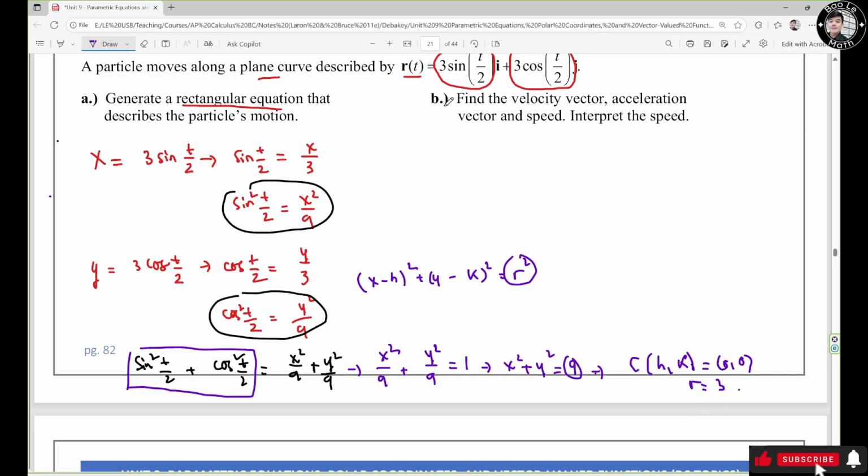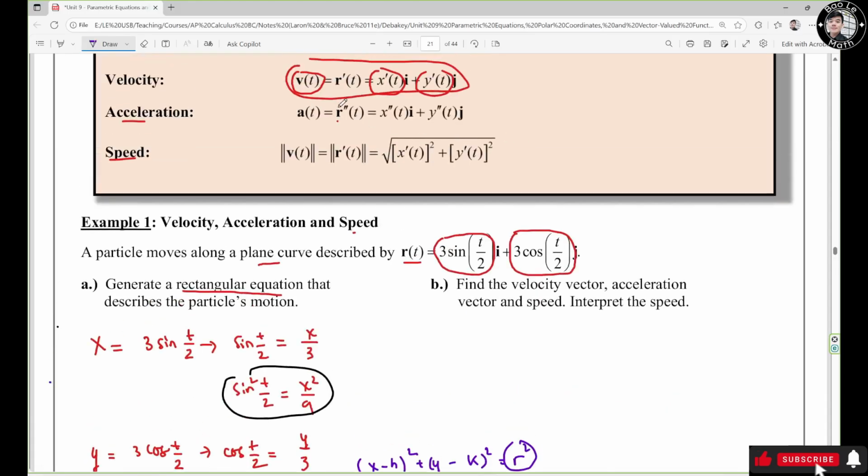Now, question B: find the velocity vector, acceleration vector, and speed. We're going to use the formula here. The velocity vector is the first derivative, so v of t is the derivative of this. I'm going to use the formula that the derivative of sine u is u prime times cosine u.